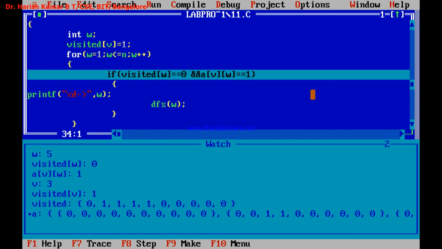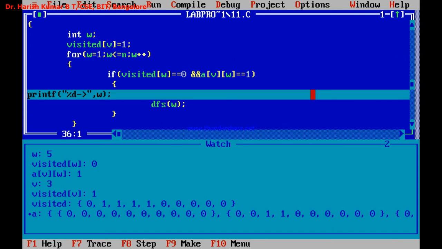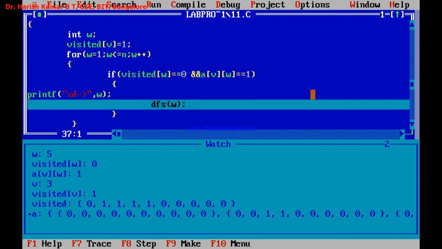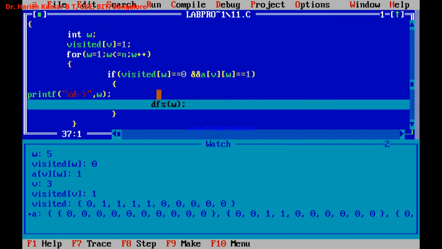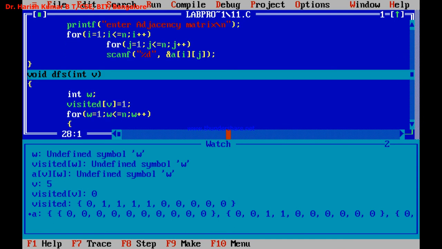Okay. So now you visit 5. So Alt F5 I press, you can see. So 5 is visited. Next you are calling DFS of 5, to find the node to visit after 5. So I'll press F7, we go back to DFS.